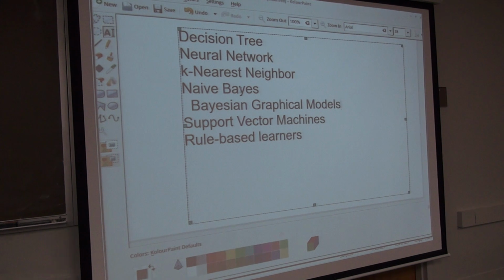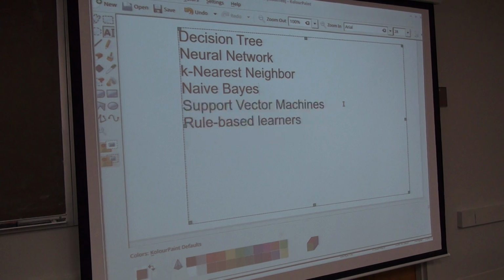Bayesian graphical models are a big topic in machine learning, but they're really hard to use and you have to have a lot of expertise. Naive Bayes makes a whole bunch of assumptions and turns out to be super easy to use, and it doesn't really make very good predictions. In fact, of all these models out there, it probably makes the worst predictions consistently.